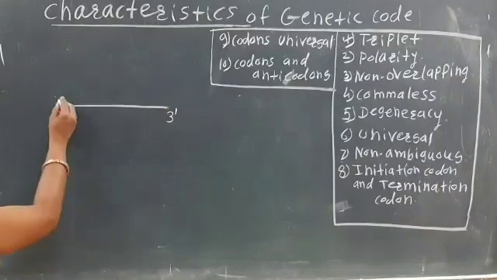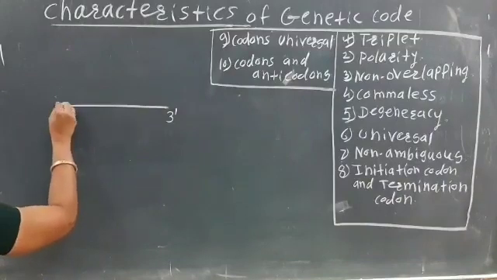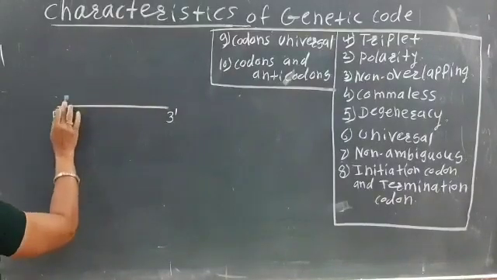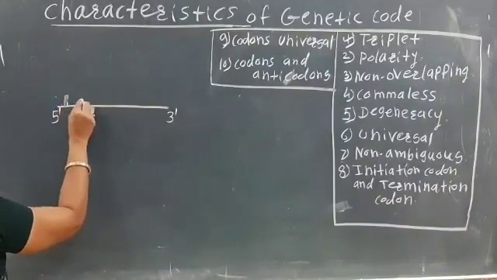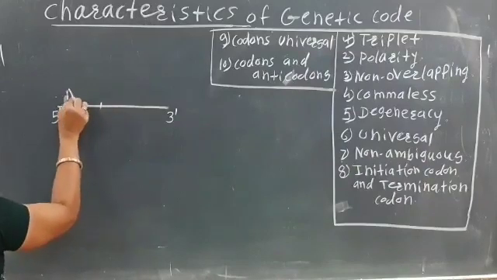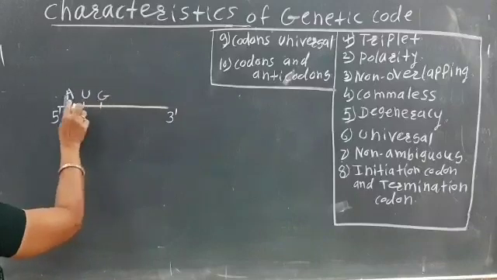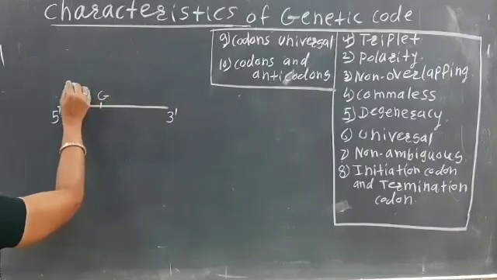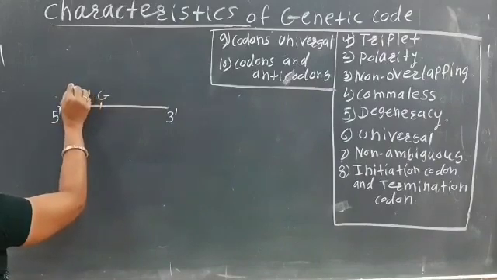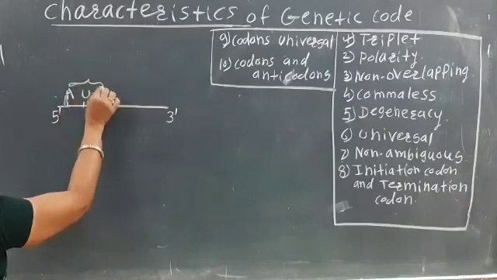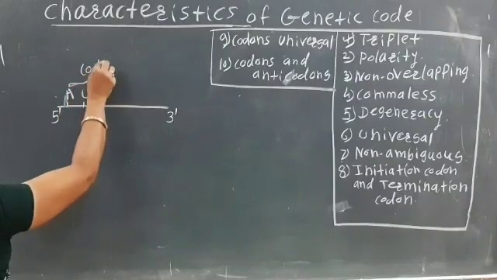For example, at the 5' end, the nitrogen bases are AUG. These 3 successive nitrogen bases produce one codon, known as the codon.